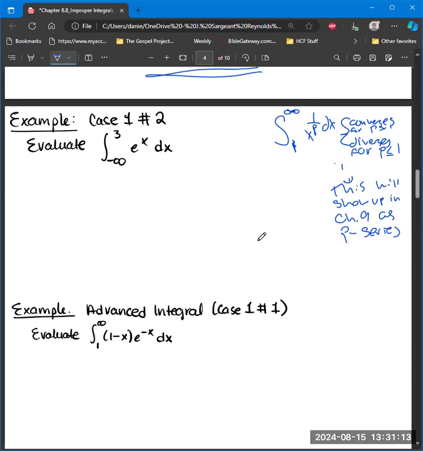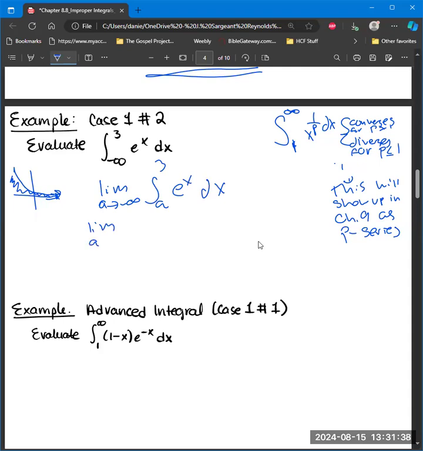All right, let's move on to the next example. We talked about this one specifically already, what it would look like, that we drew the picture, negative infinity to 3 over here. So let's let the limit as a goes to negative infinity of the integral from a to 3 of e to the x dx.